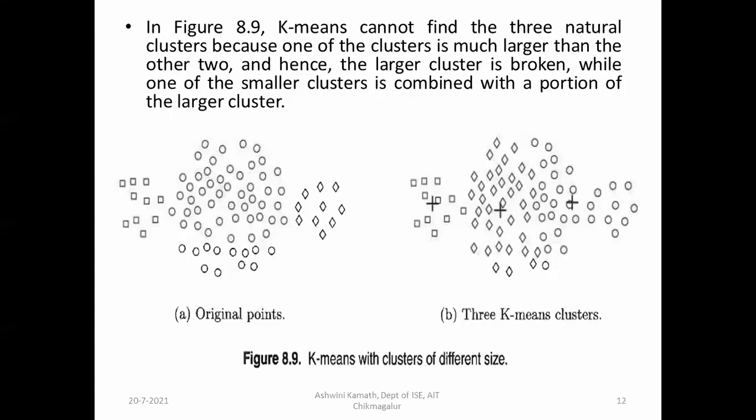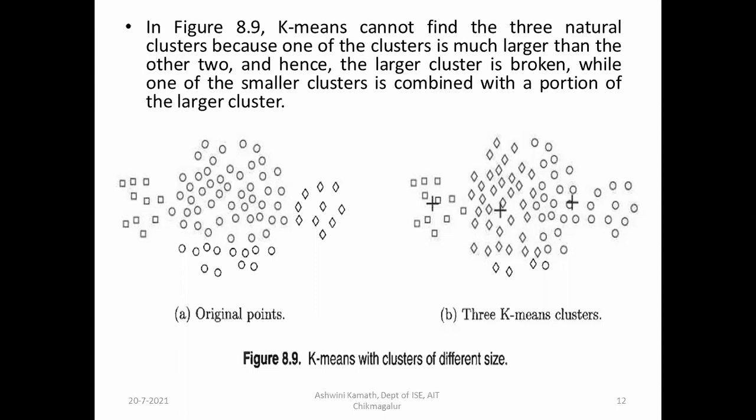You can notice that in figure 8.9, we have A and B. Figure A contains the original points and figure B contains 3 K-means clusters. You can notice that K-means cannot find the 3 natural clusters because one of the clusters is much larger than the other 2 clusters.